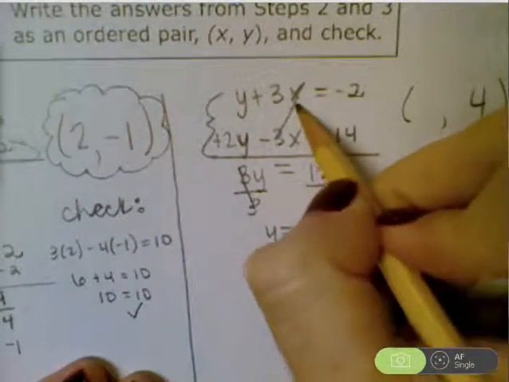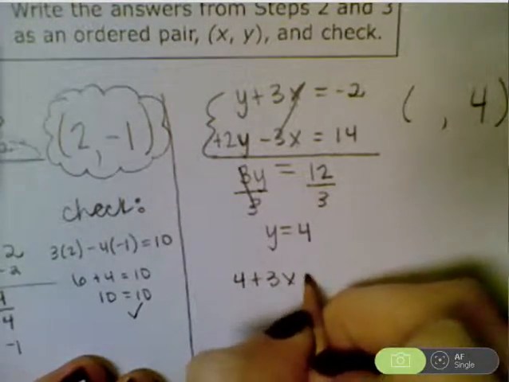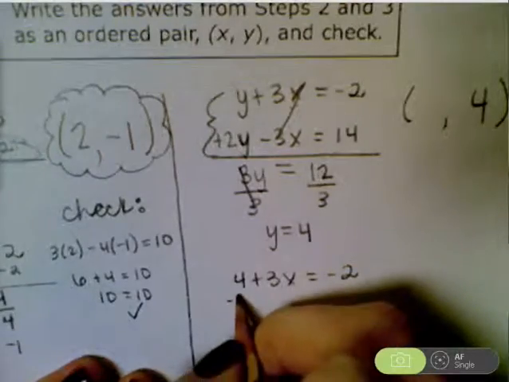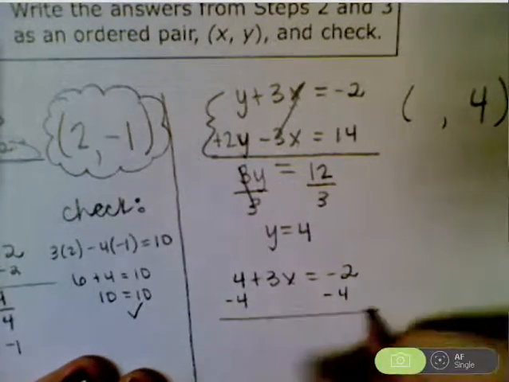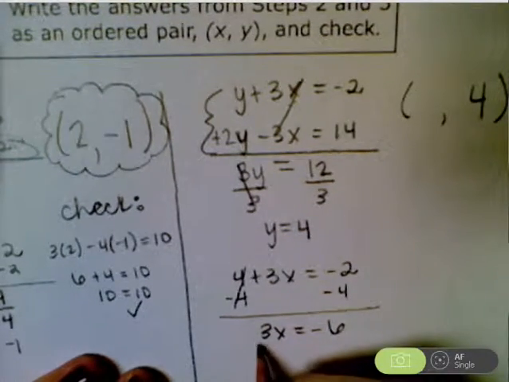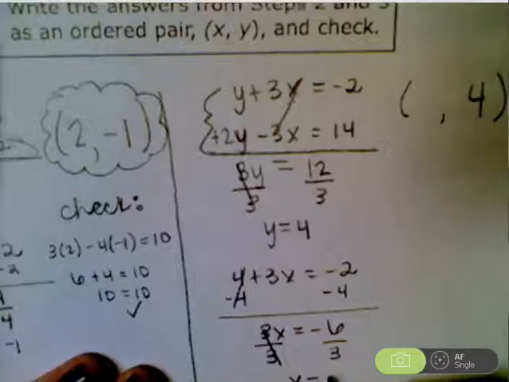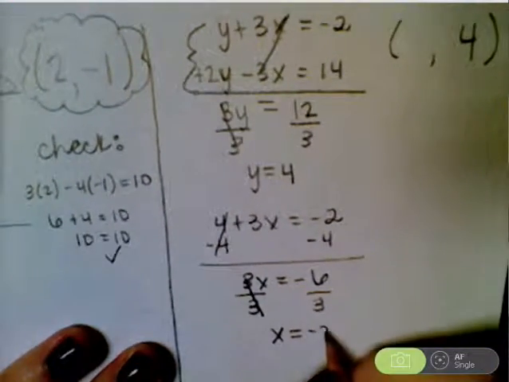So I'm going to do the first one since it's a little more simple. 4 plus 3x equals negative 2. Take away 4 on both sides. 3x equals negative 6. So x is negative 2.